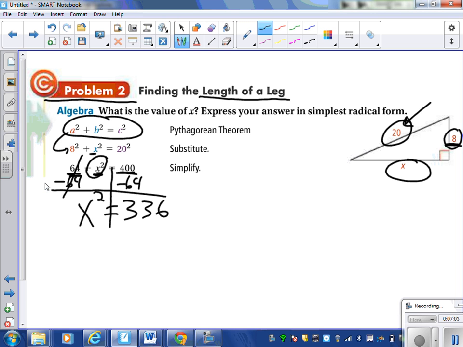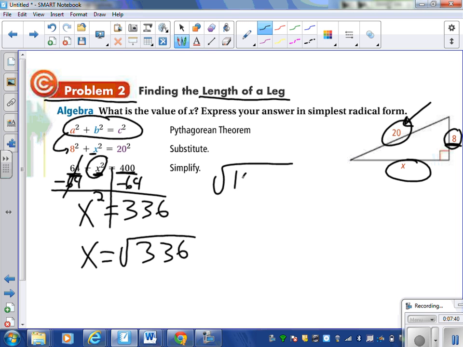Now, what do we do to find out what x equals? We can put this in a calculator because we want to find out the square root of 336. Go ahead and put that in your calculator. What do you get? Right, that comes out to about 18.33, etc. Which means we need to break that down a little bit further, see if we can find two numbers multiplied together to give me that number. Let's try 16 and 21.